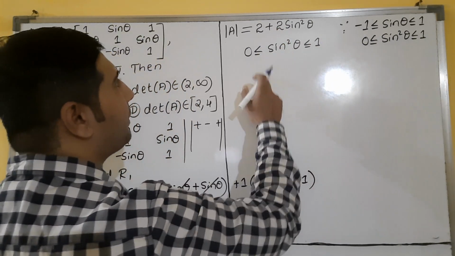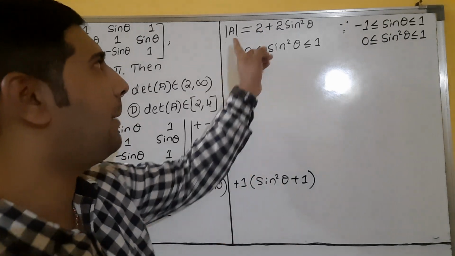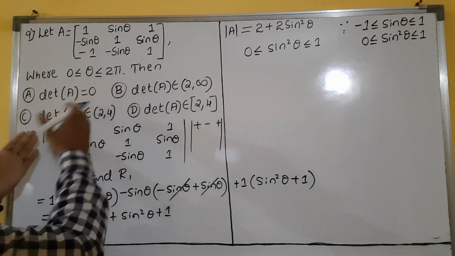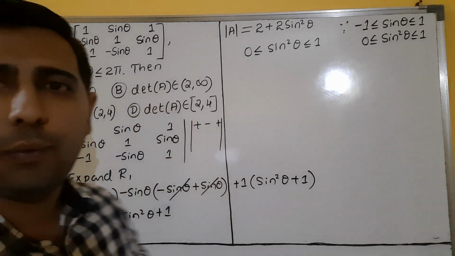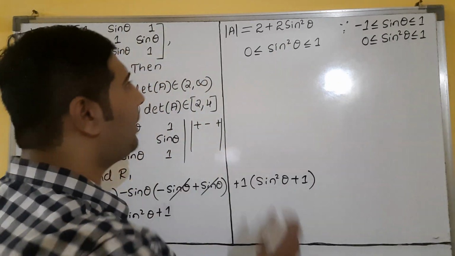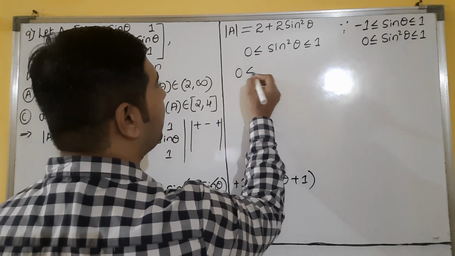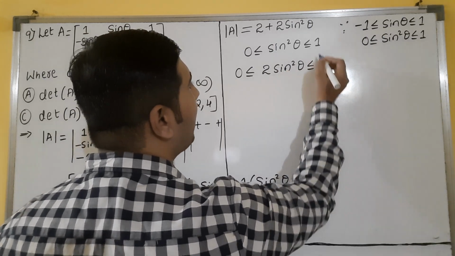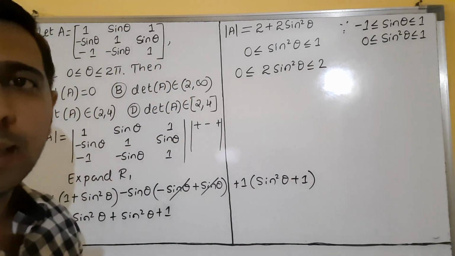So what is the difference between this and this? Determinant, I have to find out where it belongs to, whether it is equal to 0 or this. 4 are there. So now what is less? 2 is not there. Multiply by 2. 2 into 0, 0; 2 into sin square, 2 sin square theta, 2 into 1, 2, dear students. Correct?